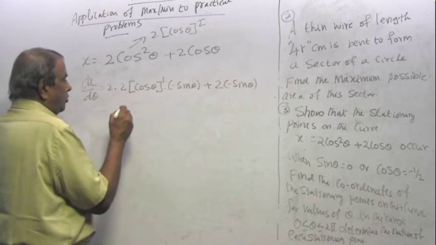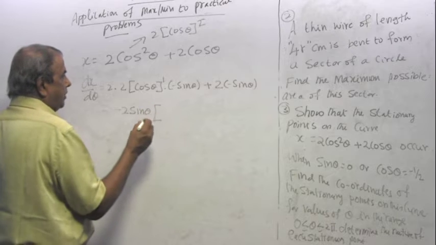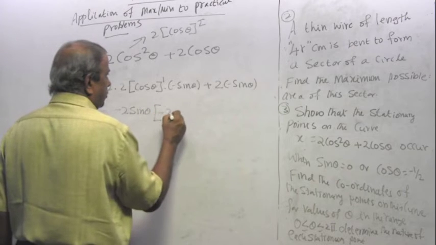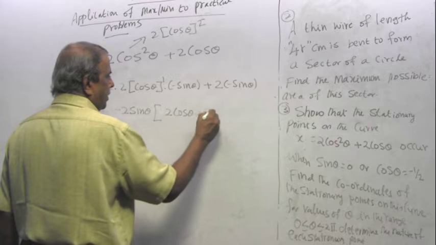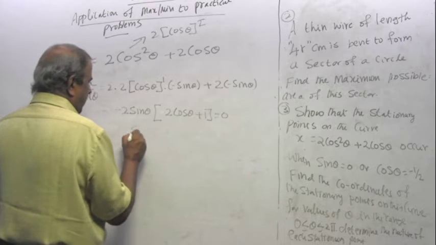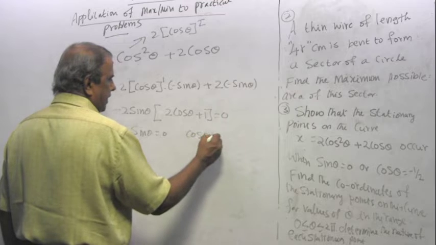Can I remove minus 2 sin theta as a common factor? I am left with cos theta plus 1. Equate it to 0, I get sin theta equal to 0, cos theta equal to minus half.